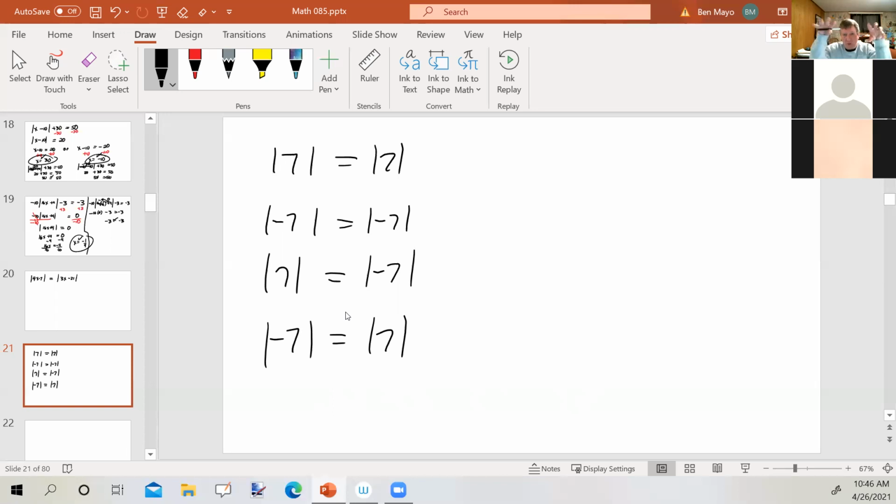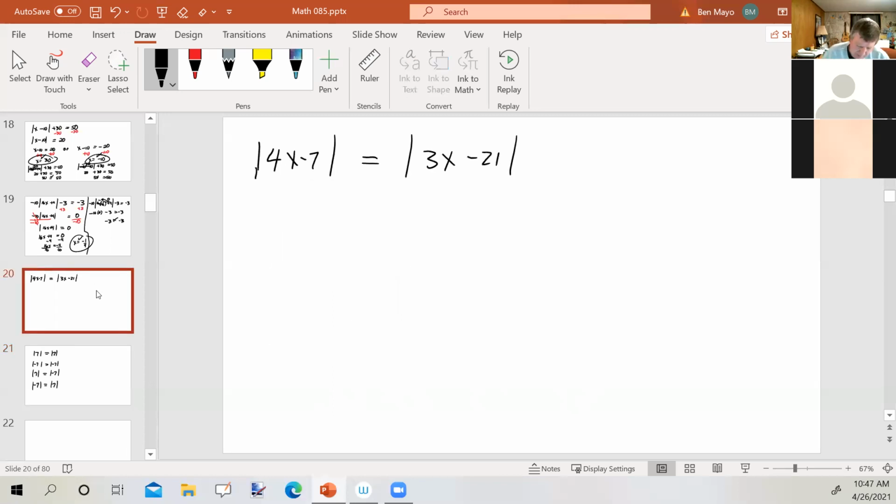So when we have two absolute value terms and nothing else, and there's one on each side of the equation, we've got these 4 different scenarios that all lead to the same answer, and that is that 7 equals 7. So they're all true. Let's take a look at this situation. What's inside here could equal what's inside there.